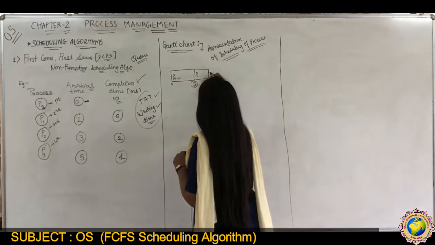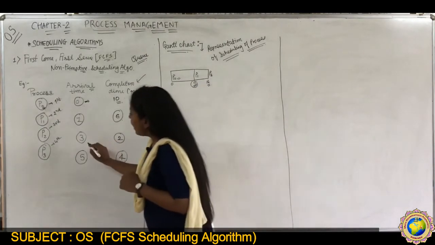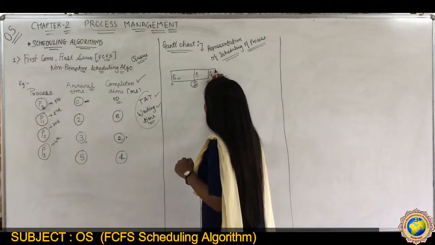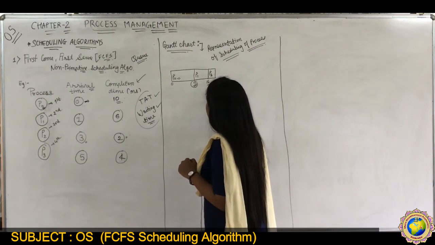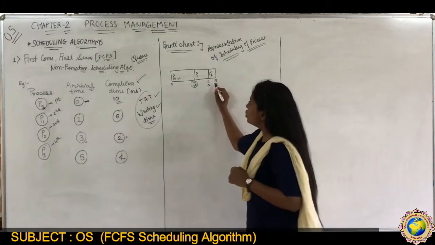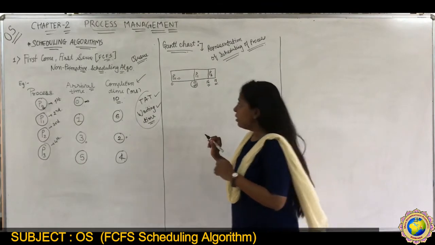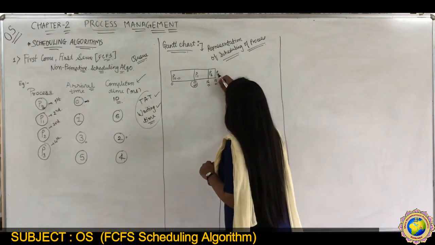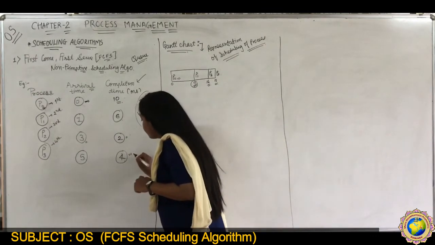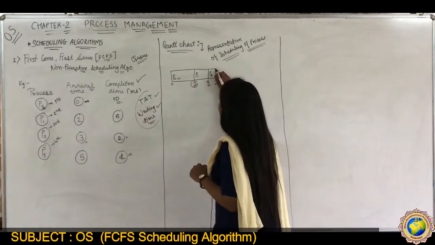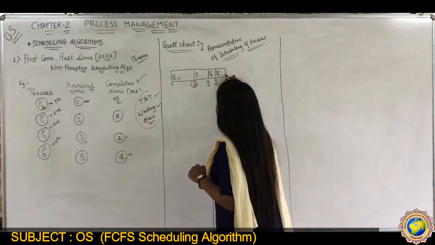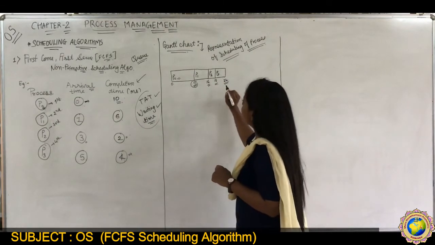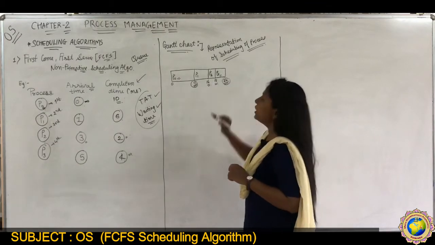Next P2, arrival time 3 and completion time 2. 16 plus 2 is 18. Next P3 takes place, and its completion time is 4, so we add 4 more. The finish time of P3 is 22.